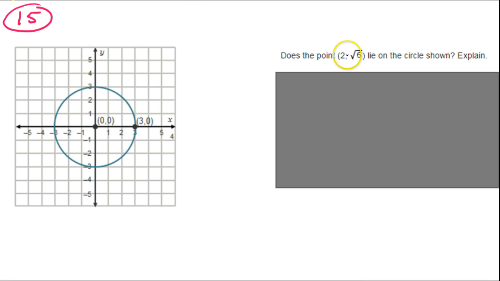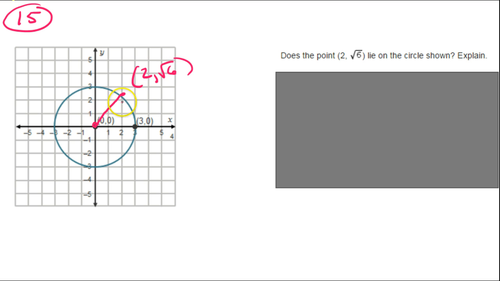So we're talking about a point that's over 2 and up 2.5, which would be right about here. So that's pretty close, and maybe the drawing's not quite to scale. But at any rate, if I want to see for sure whether or not that point is on the circle, I don't know why it keeps disappearing on me, but I need to look at the distance between the center and that point.